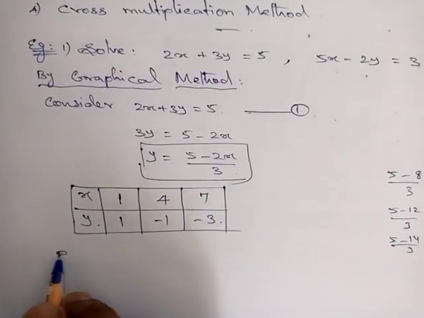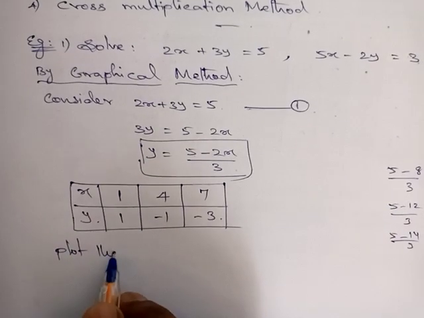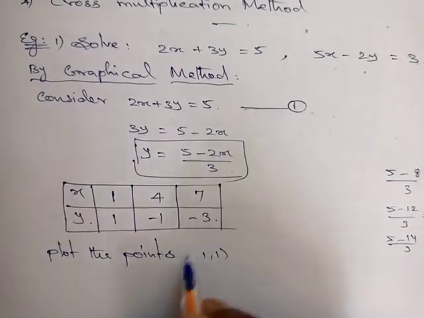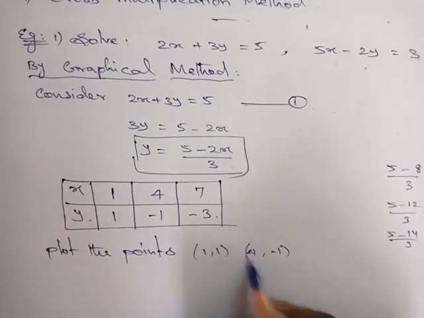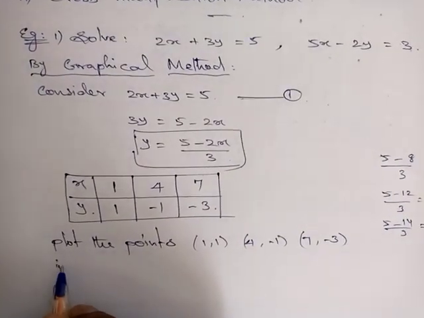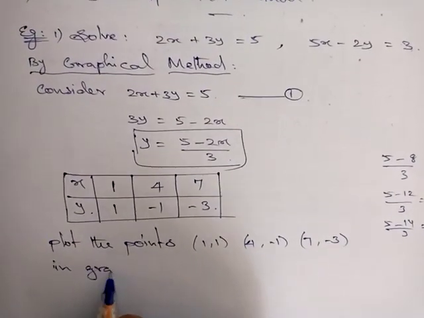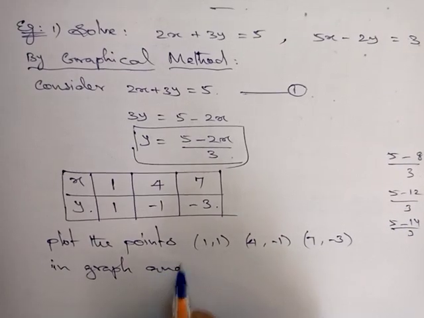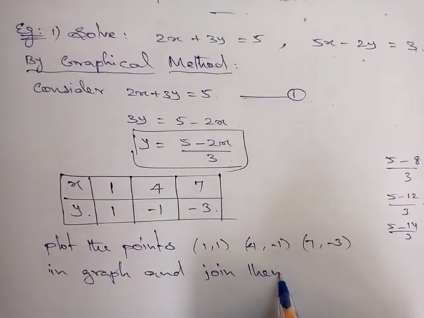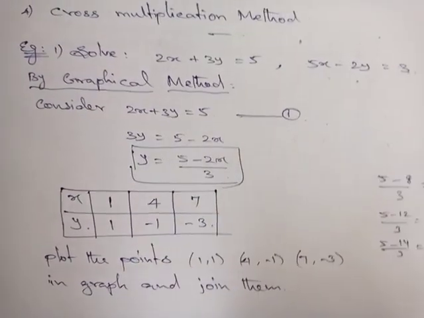Now plot the points: 1, 1; 4, minus 1; 7, minus 3 in the graph, and join them. That's all, we'll get a graph.